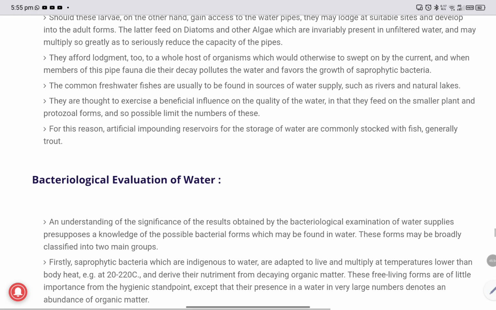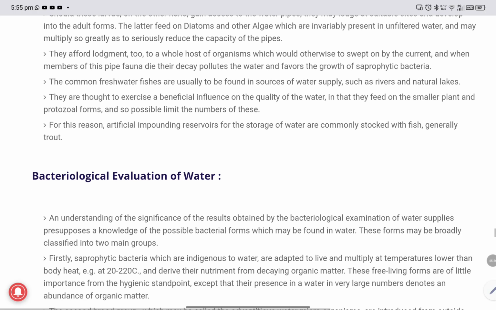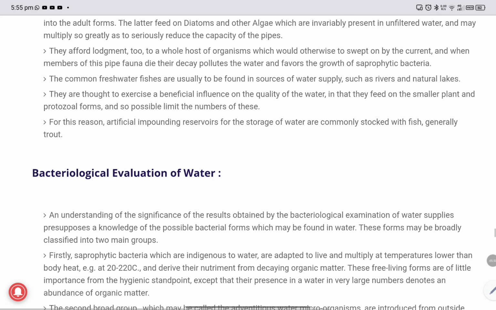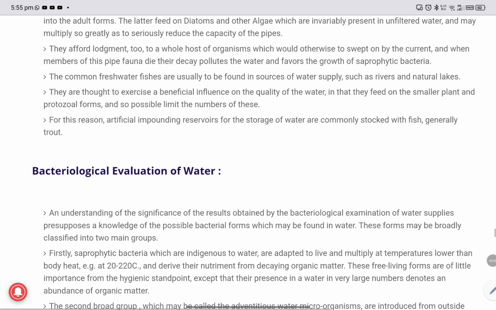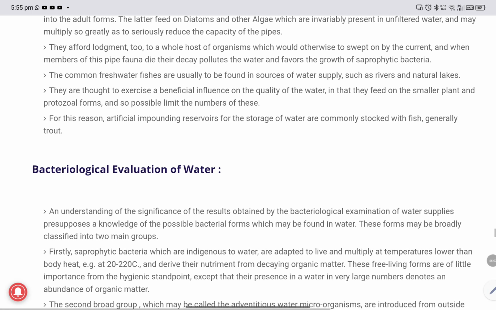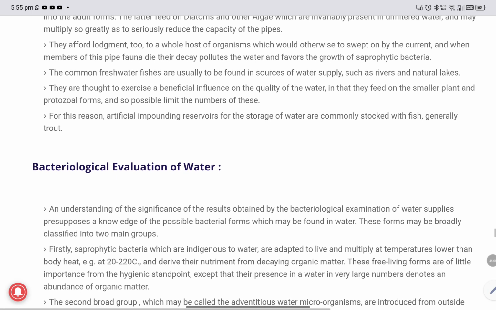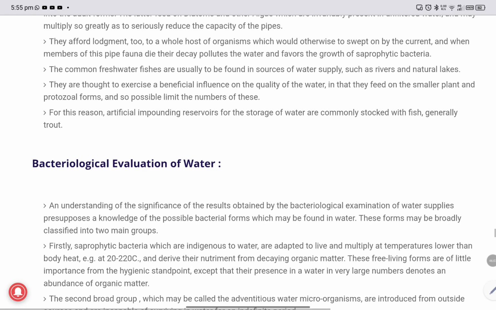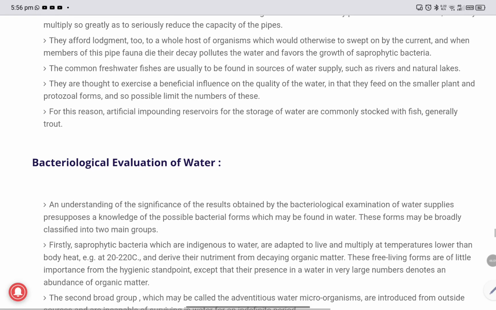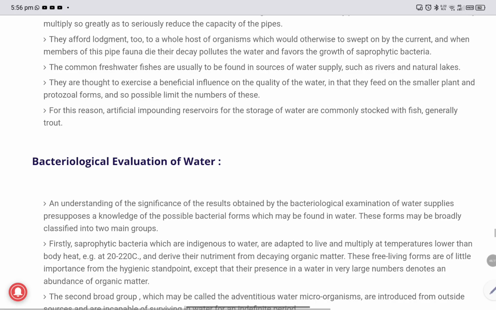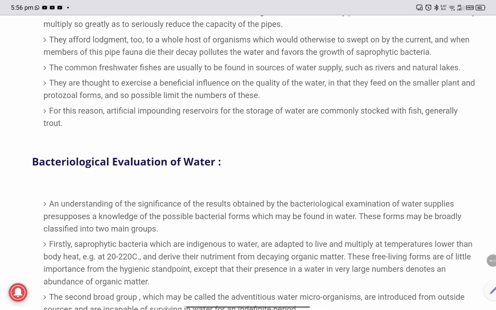They afford lodgement to a whole host of organisms which would otherwise be swept on by the current, and when members of this pipe fauna die, their decay pollutes the water and favors the growth of saprophytic bacteria.